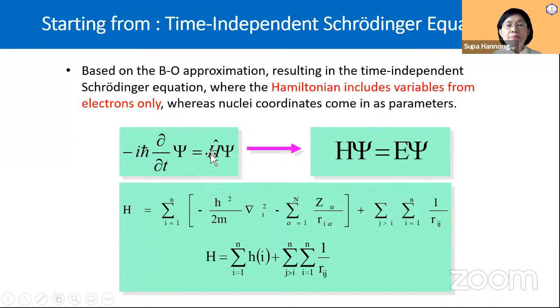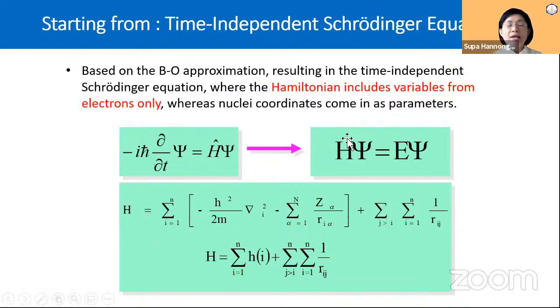Okay, so from the time dependent Schrödinger equation, which is presented on the left, we consider the equation that is very famous, H psi equals E psi. And as you may know, the psi is the wave function of the system. Recall the basis set from last week. The basis set includes the mathematical functions that explain the motion of the electron, or the particle, okay, and the H is the mathematical operator.